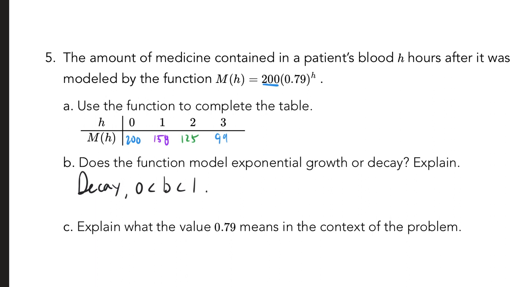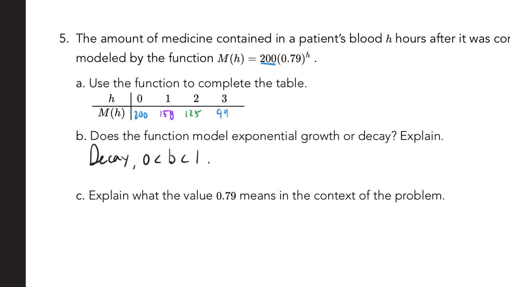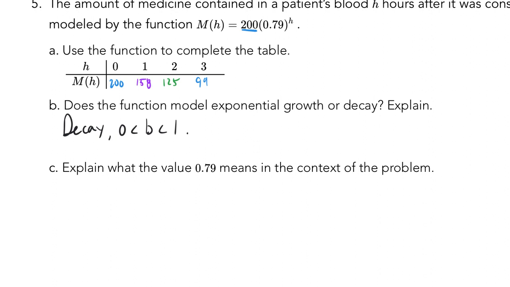Explain what the 0.79 means in context of the problem. So thinking about that as being decay, kind of the wrong way to think about this would be that it means that we're losing 79% each time. What this actually means is that we're keeping 79% of the medicine in our bloodstream as the hours pass.